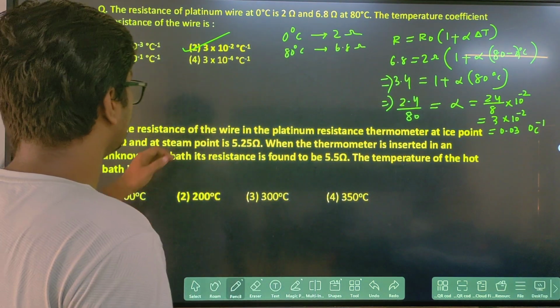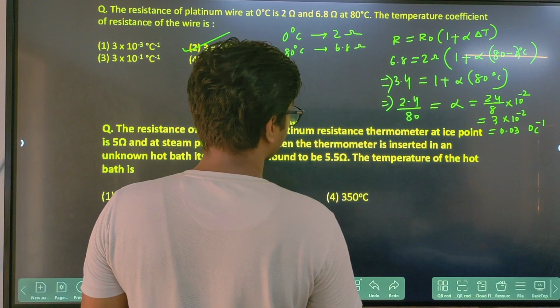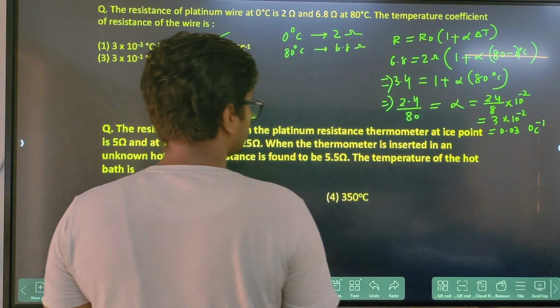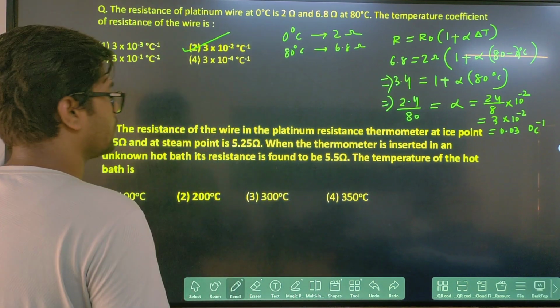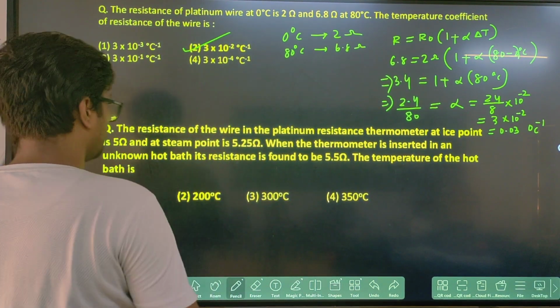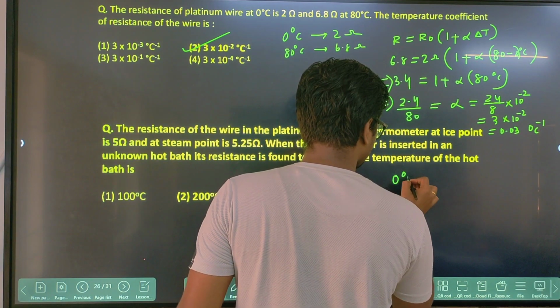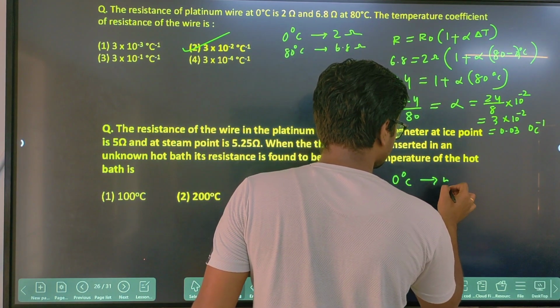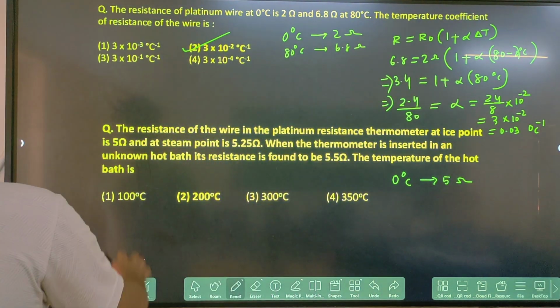The platinum wire, or platinum resistance, they are using as a thermometer. At ice point it is 5 ohm. What they are saying is that at ice point, meaning 0 degrees Celsius, the resistance is 5 ohm. Clear?